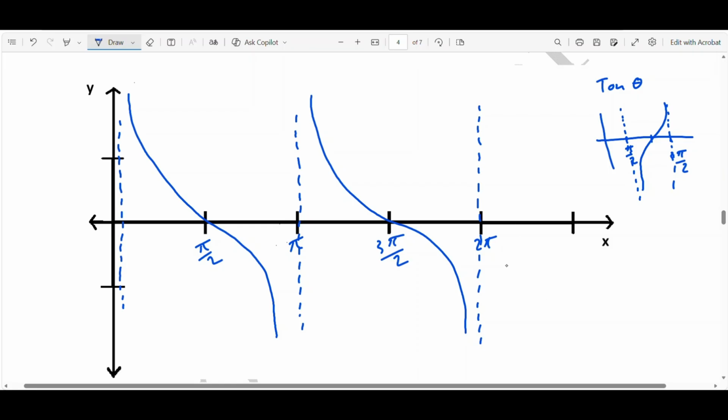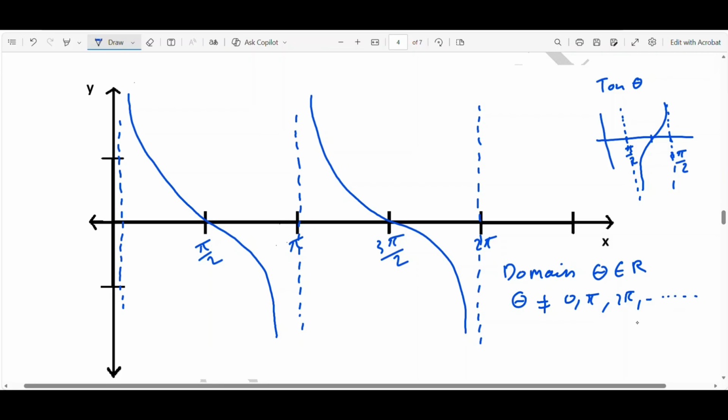Okay. The domain, if I didn't give you a restricted domain, is theta belongs to R, where theta should not be equal to 0, pi, 2 pi, and so on.